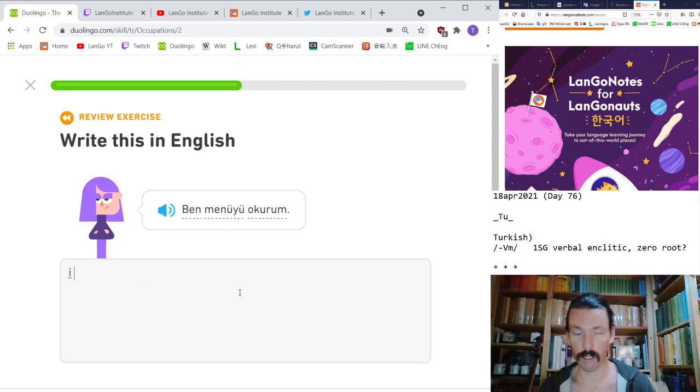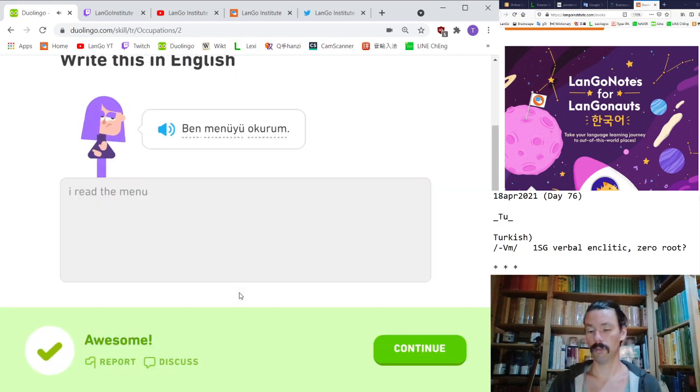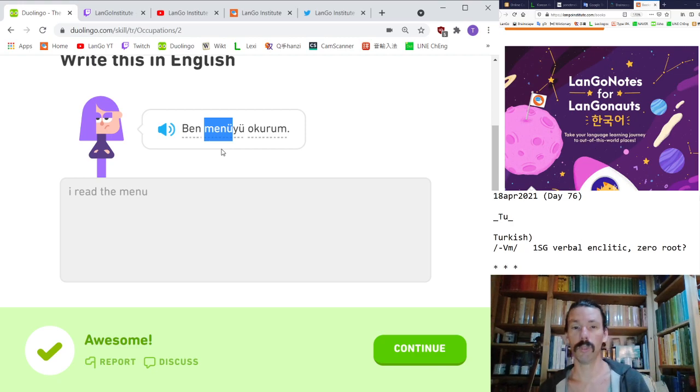Ben means I, so it's I, menu, accusative, read. The menu. Refers to a specific incident rather than generally being a menu reader, which would have no suffix, just menu. Menu okurum, I am a menu reader, read it from time to time. Versus menüyü okurum, I read or read the menu.